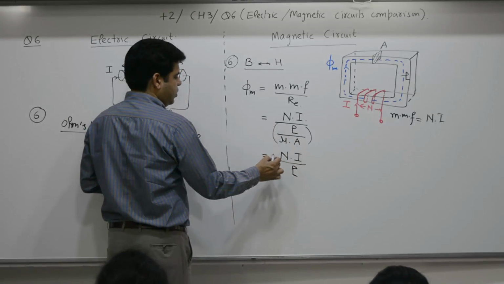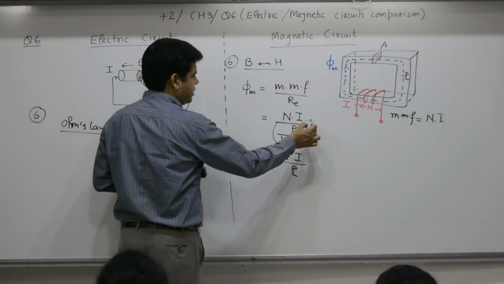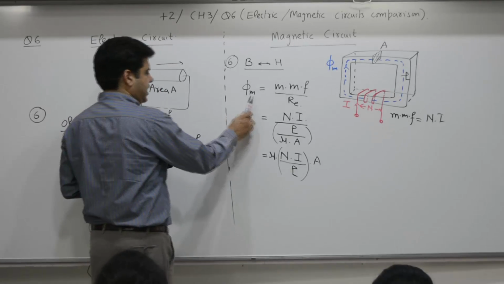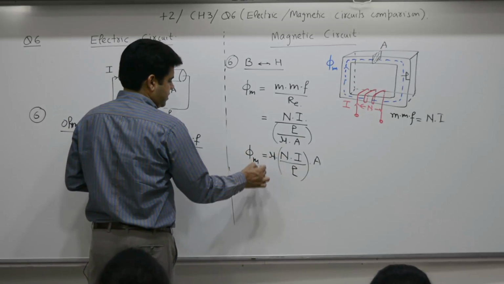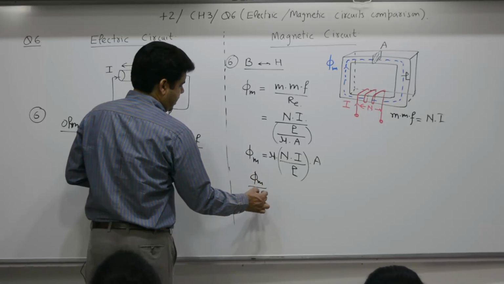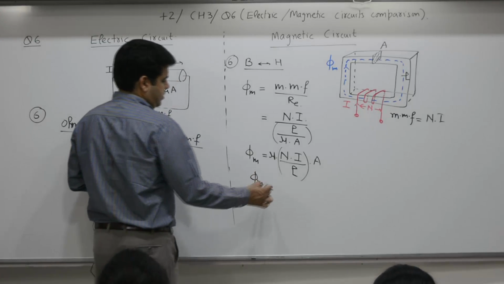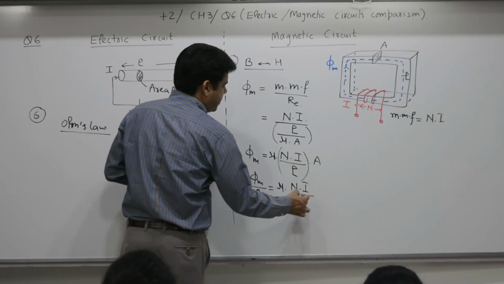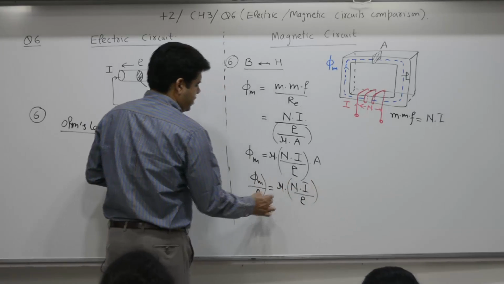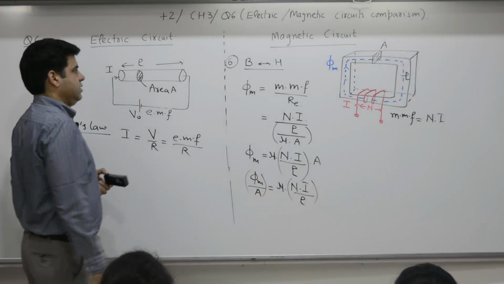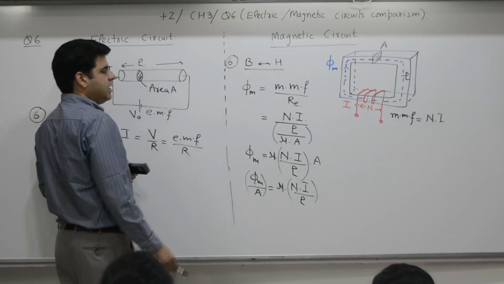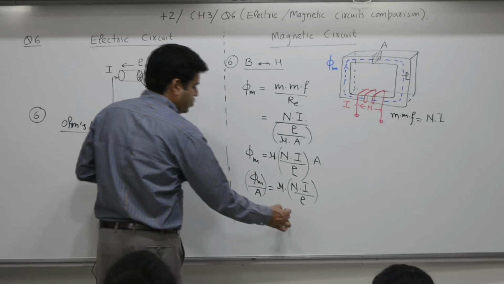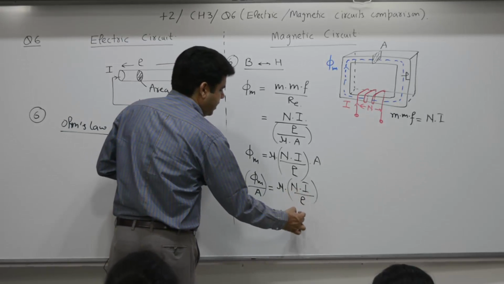Mu you can shift to the numerator, A you can shift to the numerator. Phi m, magnetic flux per unit area, is equal to mu times Ni by L. Flux per unit area is magnetic flux density, B. Mu times Ni by L is what?